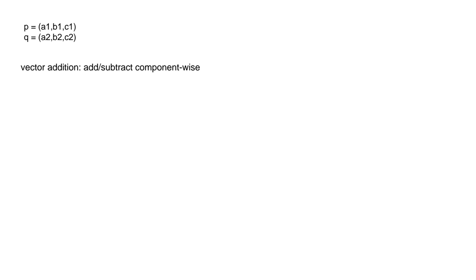So how do we add them? We add component-wise. That means A1 plus A2, B1 plus B2, C1 plus C2. Values on the x-axis can be added together, values on the y-axis can be added together, and values on the z-axis can be added together. So this is adding two vectors, and this adding has geometric meaning.